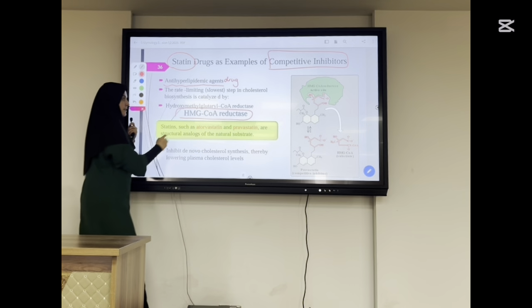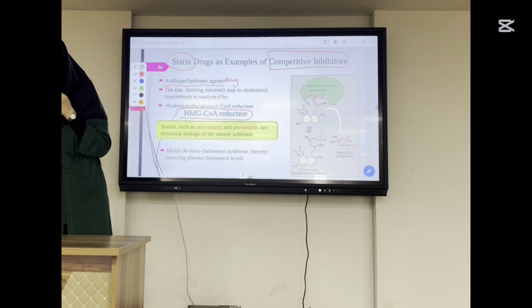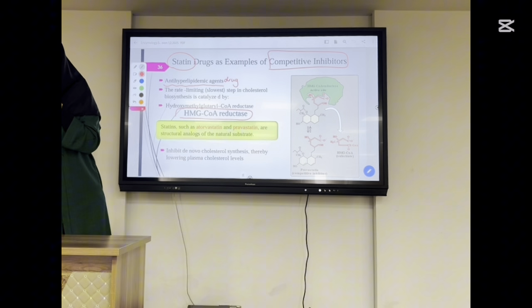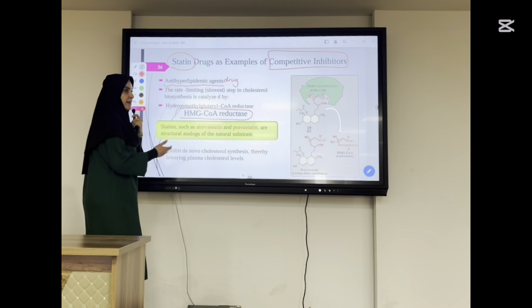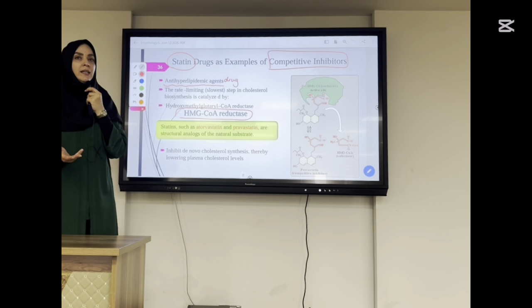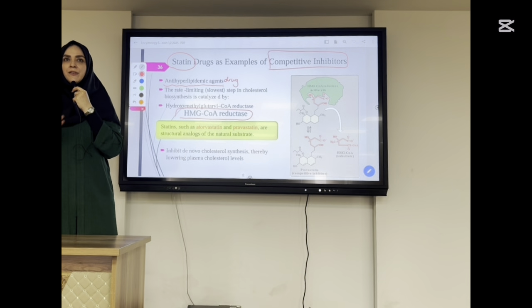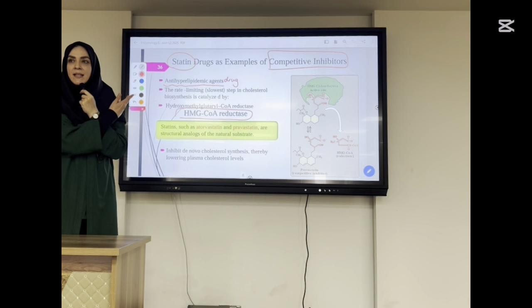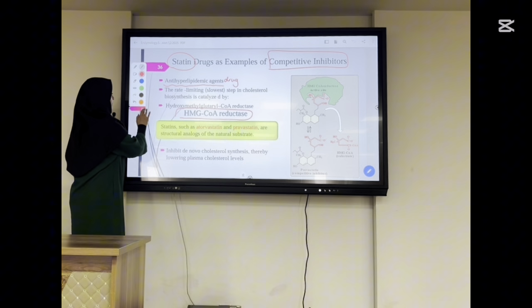In this slide, please memorize this point. If I ask you, for example, inhibition of HMG-CoA reductase by a statin belongs to which inhibitors? Competitive, non-competitive, uncompetitive, or irreversible? This is competitive. So this is a sample question about the inhibitors.